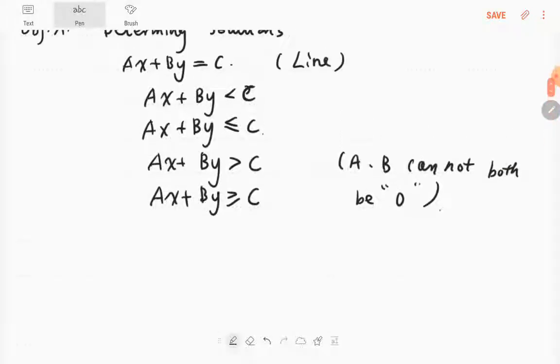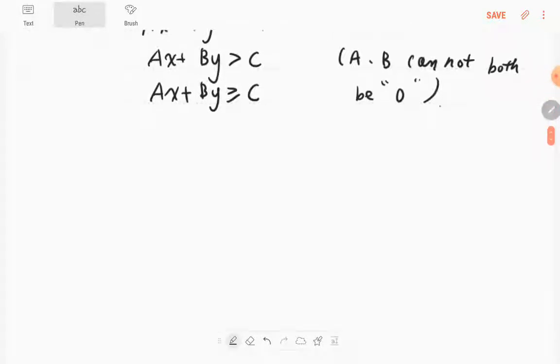First, we want to determine the solution for the linear inequalities. If we have an ordered pair of numbers, we need to determine if that's the solution for the linear inequality.